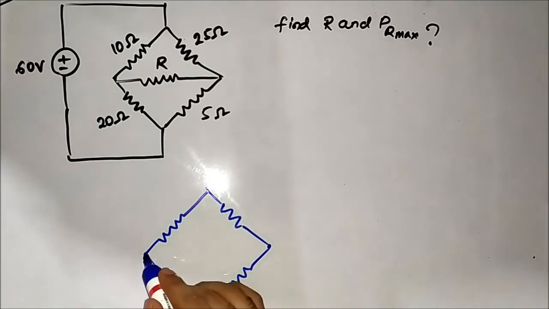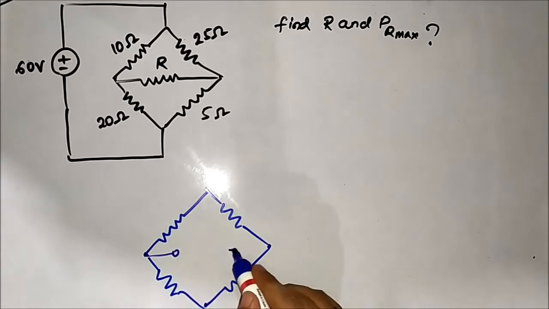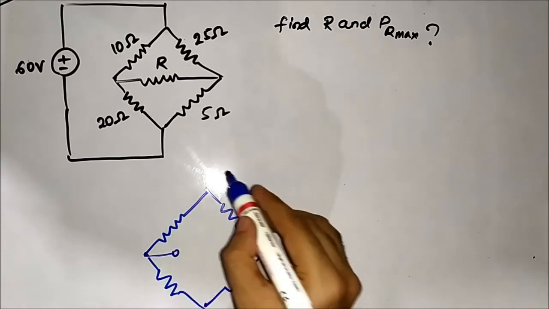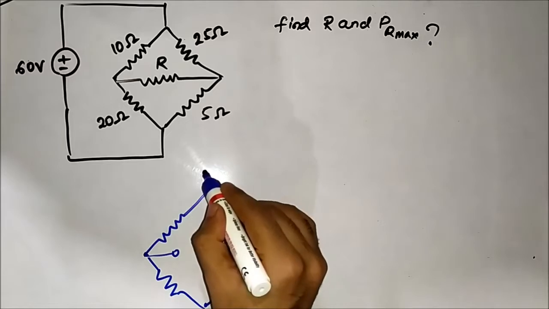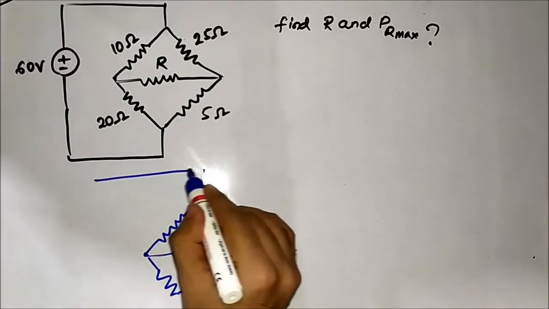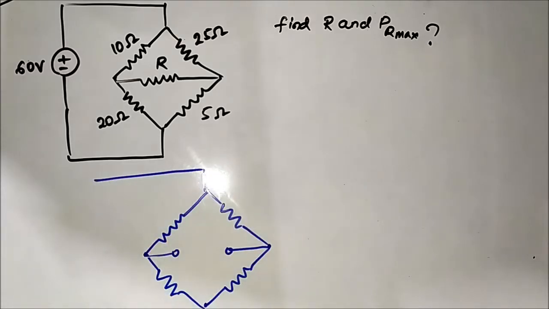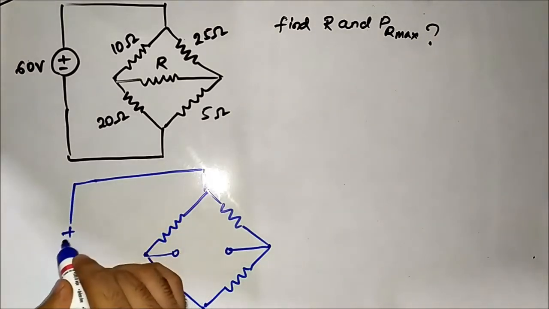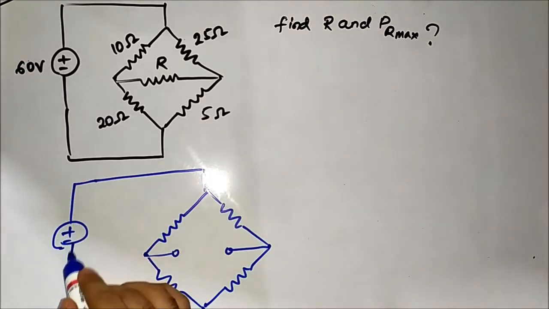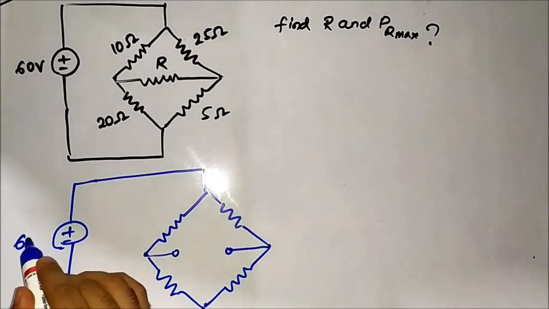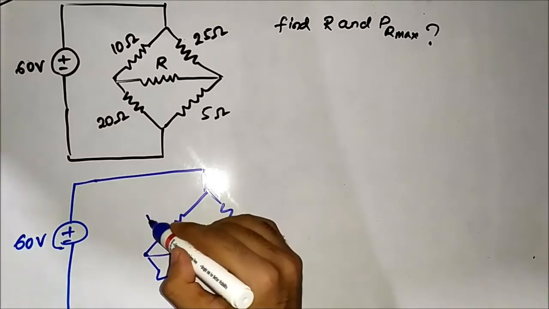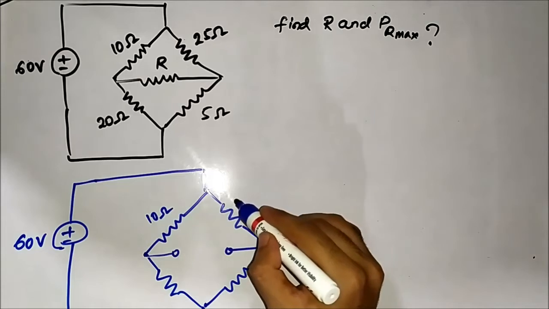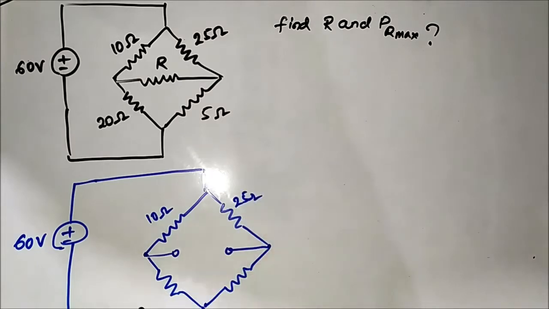This is open circuited, and this is the voltage connection, 60 volt. This is 10 ohm, this is 25 ohm, this is 20 ohm, this is 5 ohm.